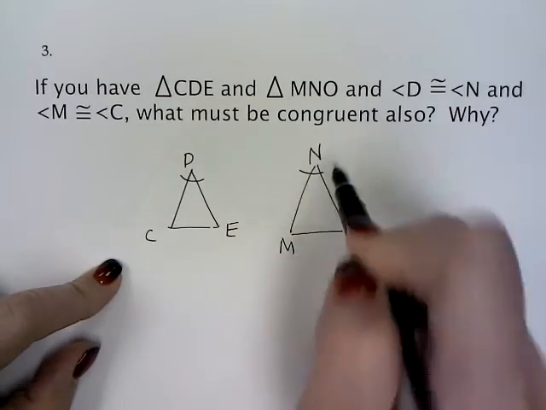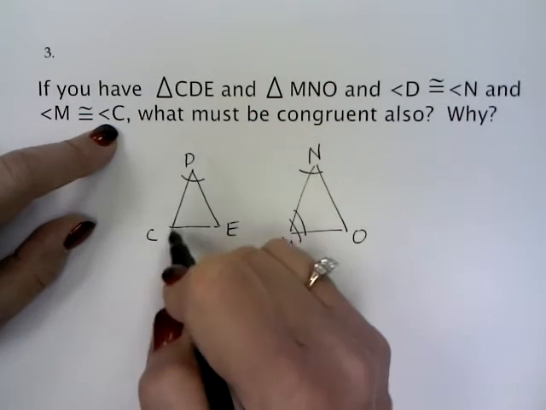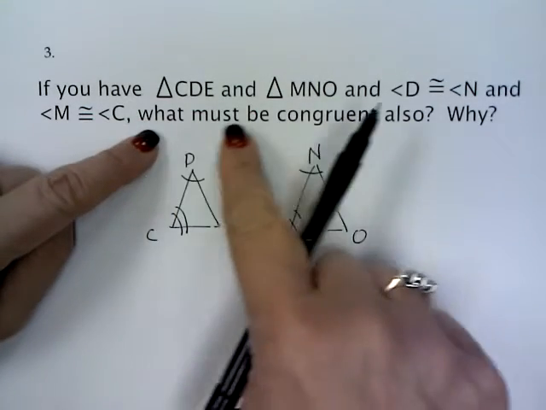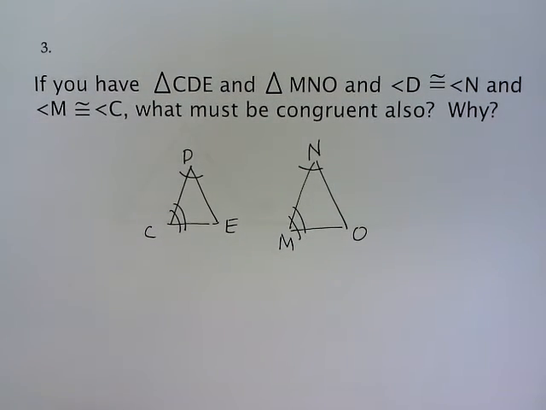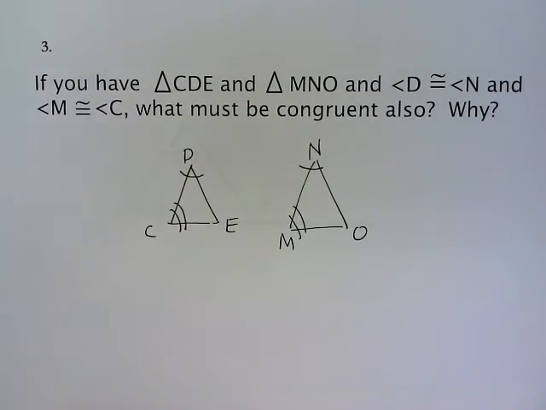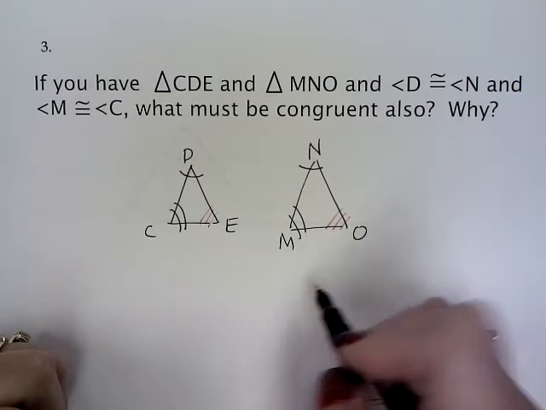So I'm going to make my marking. Angle M is congruent to angle C. I'm going to make my marking. What must also be congruent and why? Okay, this right here is representing our third angles theorem. The third angles theorem tells us that if two of the angles of a triangle are congruent to two angles of another triangle, then the third angle must also be congruent.